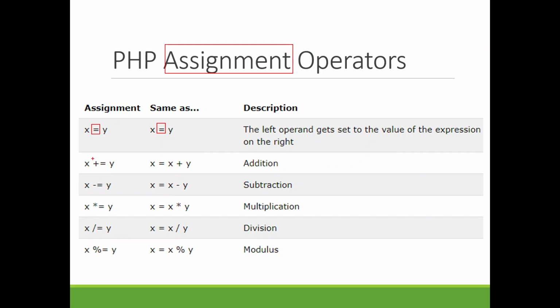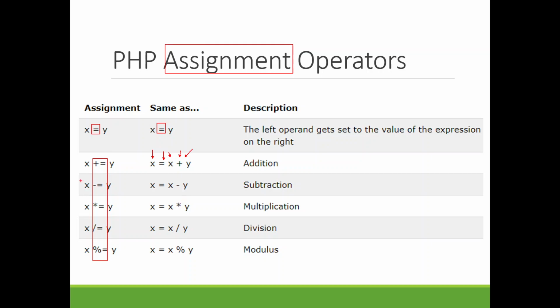Then we have modifications of that together with the assignment operator. If you do, for example, x plus equals y, it is the same as x equals x plus y.